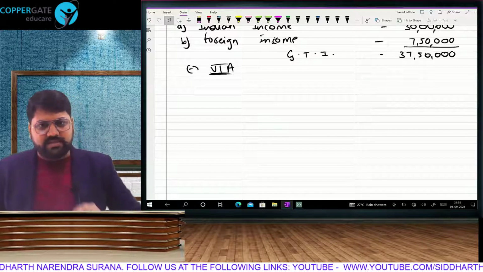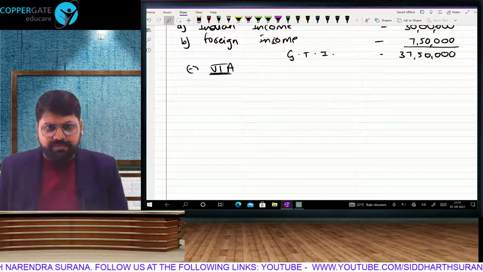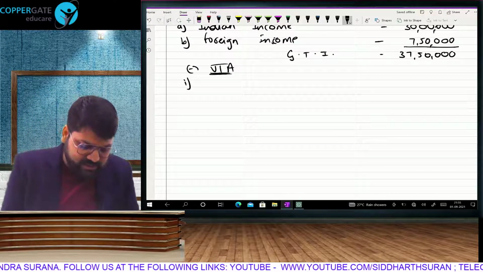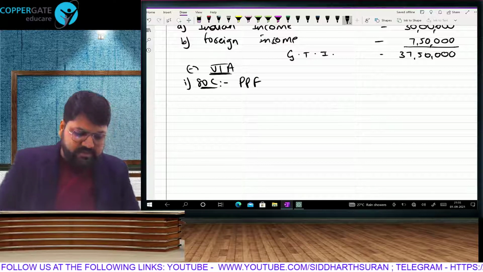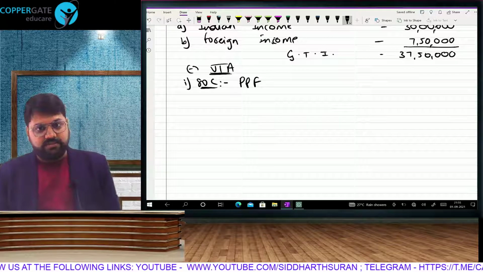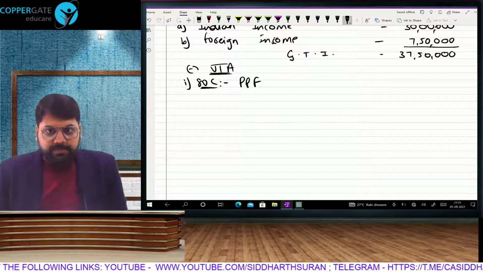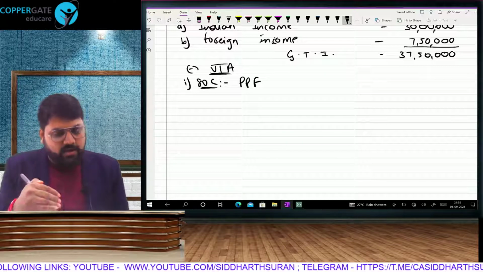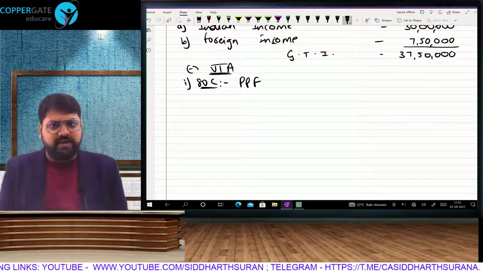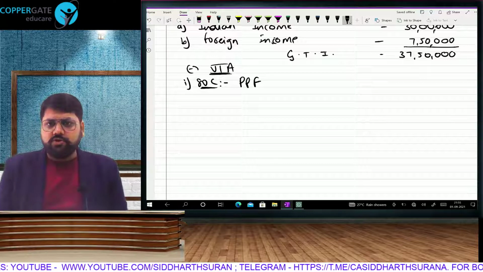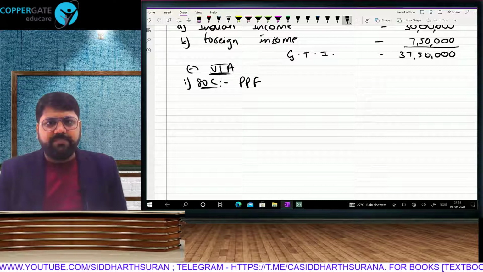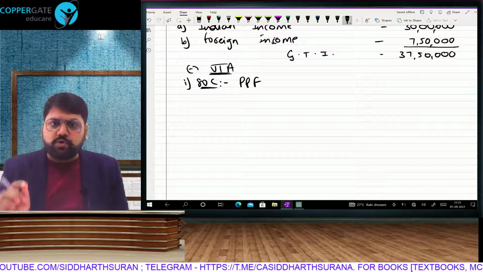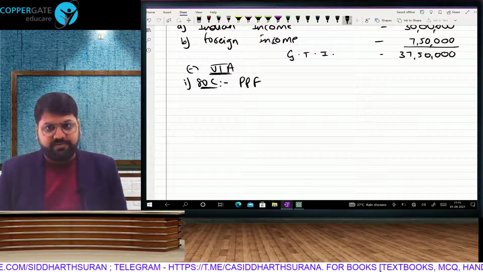And therefore, I am just telling you that when we make contribution to PPF, such contributions are eligible for deduction in section 80C. The total deduction limit of 80C is 1,50,000 in total. PPF is just one of them. Your life insurance premium, your recognized provident fund, the tuition fees of your children, all that is covered here. The total deduction is restricted to 150.